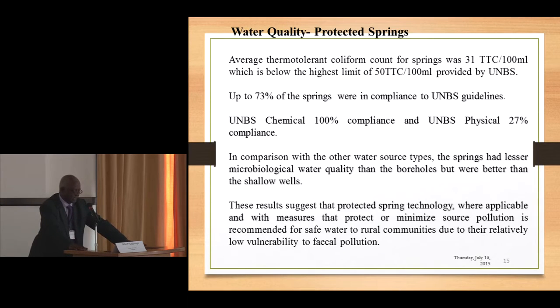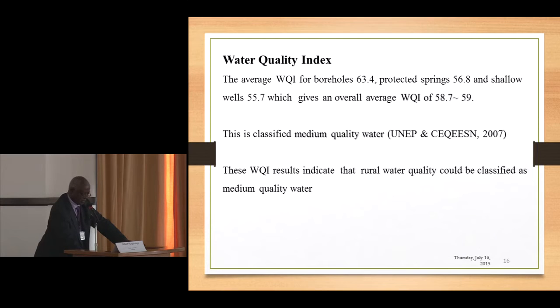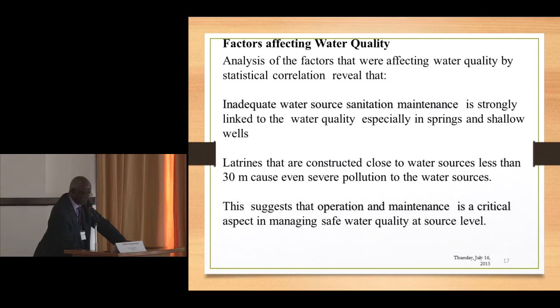Protected springs were the second preferred, again because of their water quality compliance. They are less vulnerable to fecal coliform. The water quality index was determined to be about 59 and is classified as medium water quality according to UNBS standards.